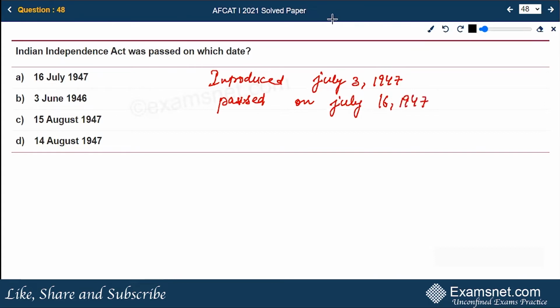The royal assent was granted on July 17, 1947, enforcing the Indian Independence Act 1947. This act became the legal basis for the independence and partition of India. So the answer, when was the Independence Act passed? It was passed on July 16, 1947.